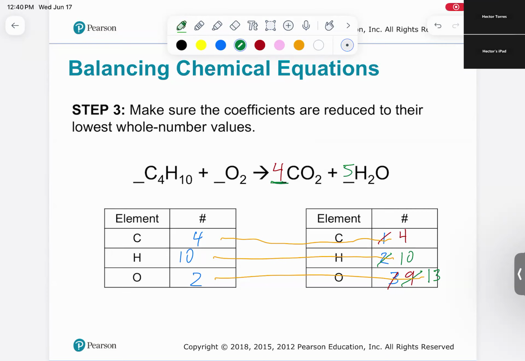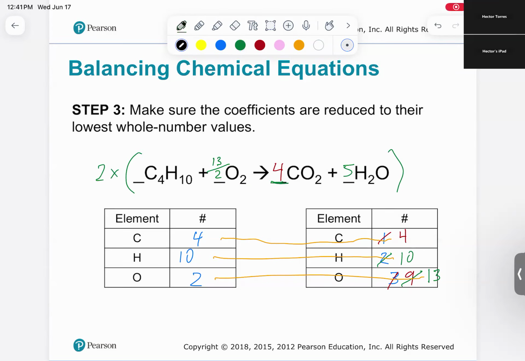One trick is you can do 13 divided by 2, because then it does have 13, because 2 times 13 divided by 2 means you get 13. But according to this rule, we want the lowest whole number values. We can't just have a half on there. So then what we can do is we can times all the coefficients by 2.